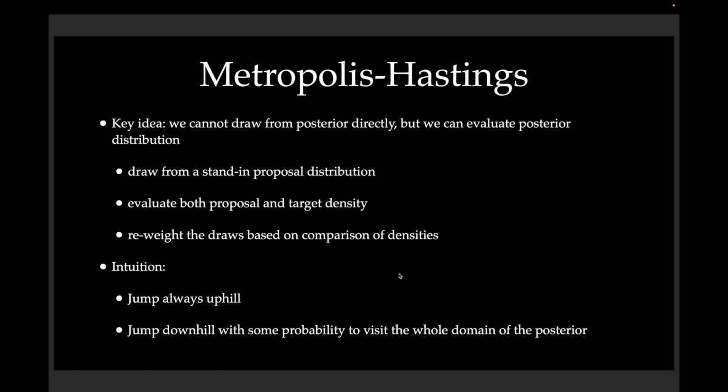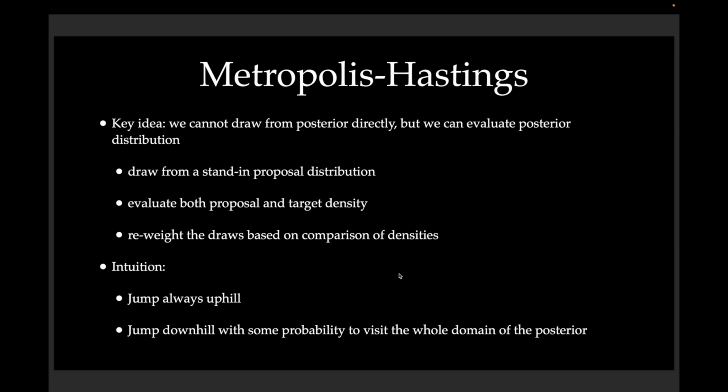So you're comparing densities. And the intuition of the Metropolis Hastings algorithm is, wherever you start, if the posterior is higher for a new draw than where you're currently at, you will always jump uphill. So you will always try to get to the mode of your distribution.